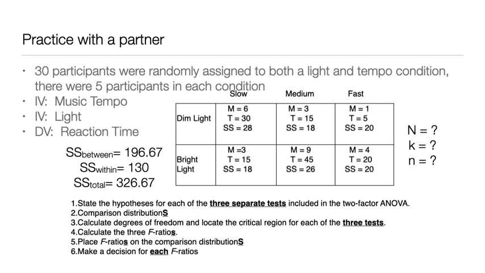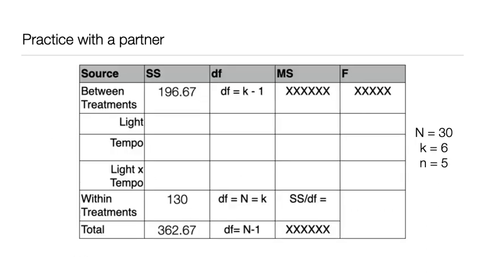For K, we have a 2 by 3 factorial design, which means we have 6 conditions: dim light slow, medium, fast, and bright light slow, medium, fast. So K is equal to 6. The prompt says there are 5 participants in each condition, so our little n is 5.